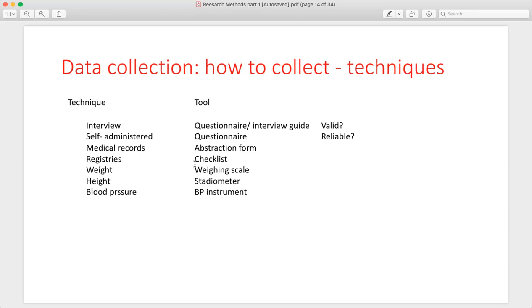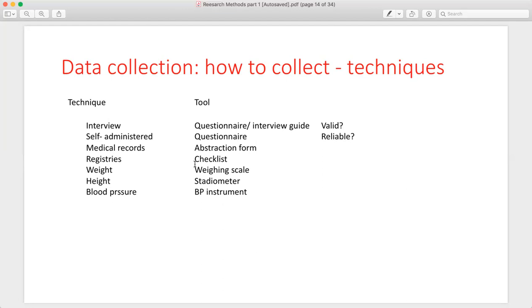When you are thinking about the variables in your study, think about what would be the technique and tool to gather the information on that particular variable. And in terms of techniques, you could use an interview using a tool such as an interview guide or questionnaire. You can do self-administered questionnaires. You can collect data from medical records using an abstraction form.